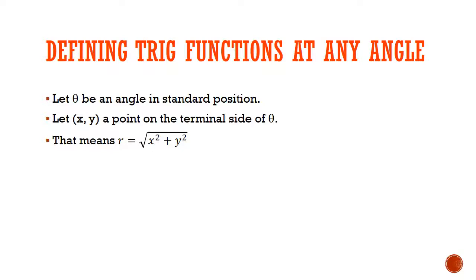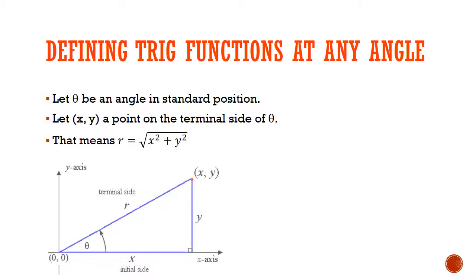All right, so let theta be an angle in standard position, and (x, y) is going to be a point on the terminal side of theta. So as you see here, we've made a little triangle with that setup. You have your angle. The terminal side we're going to call r, and (x, y) you see there.